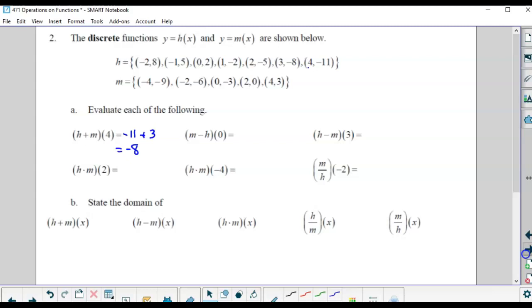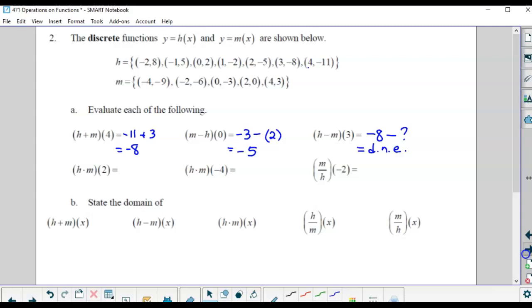Then next one, m of 0 is negative 3 minus h of 0 is 2. I didn't really need brackets in that one. I thought it might end up being negative. Then h of 3 is negative 8 minus m of 3. So m of 3 doesn't exist. So this does not exist.